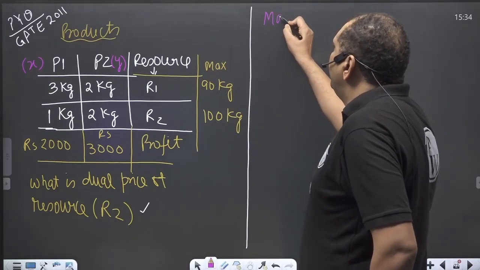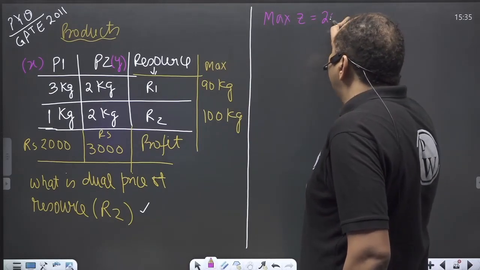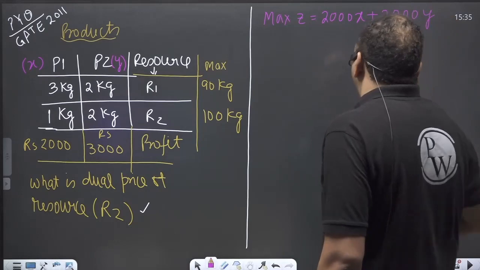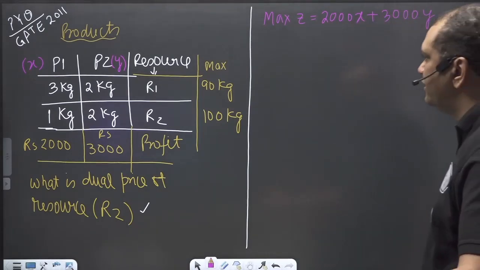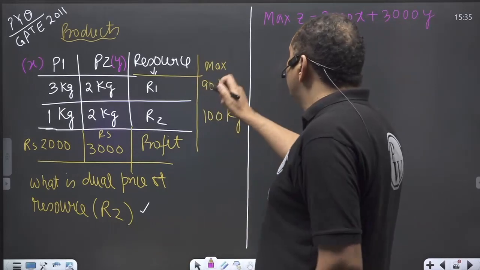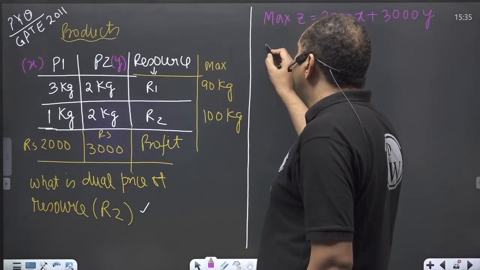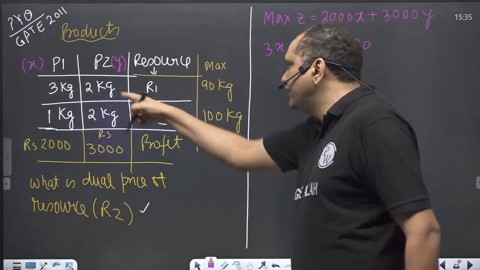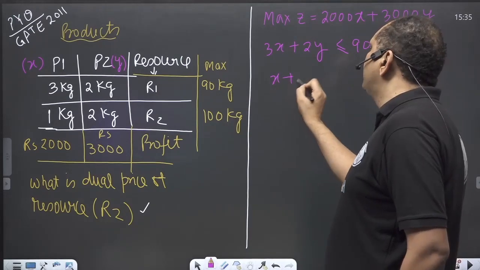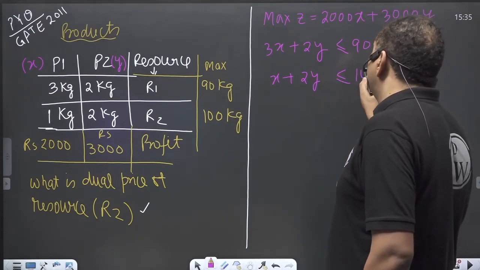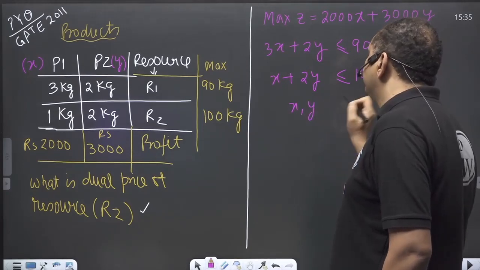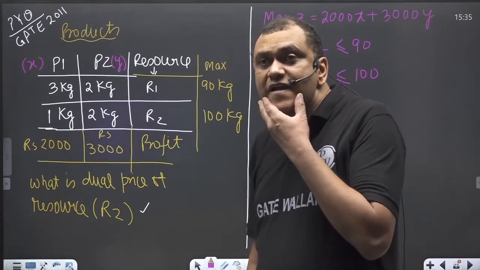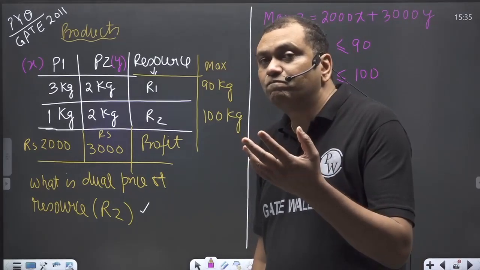So maximum profit z equals 2000x plus 3000y, subject to the constraints 3x plus 2y less than or equal to 90, and x plus 2y less than or equal to 100, and x and y greater than or equal to 0, because it should be a realistic figure. Correct?